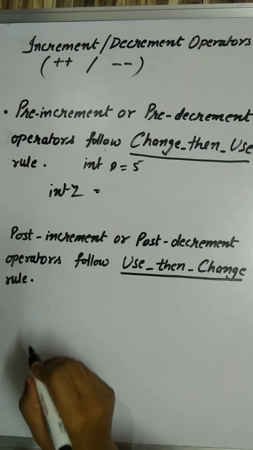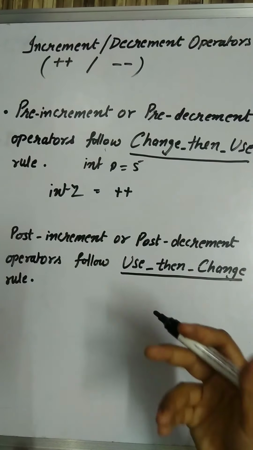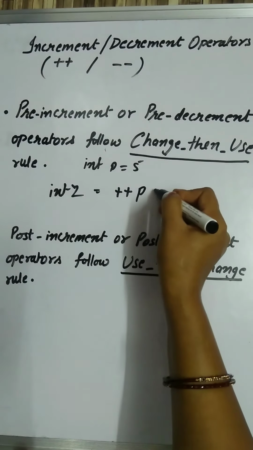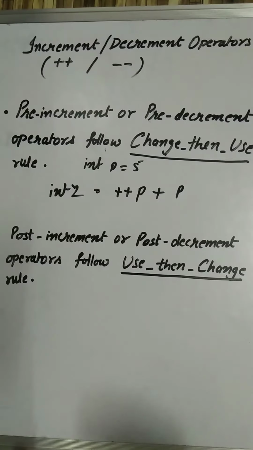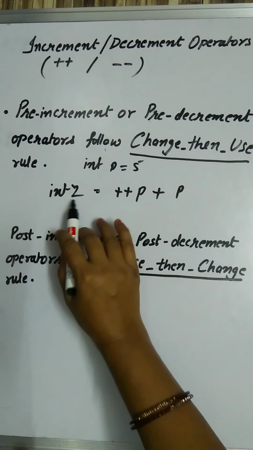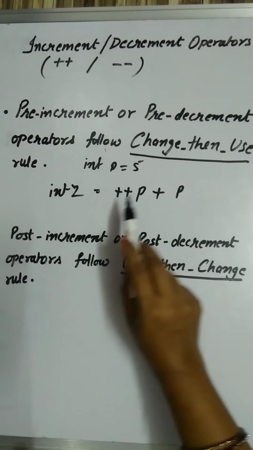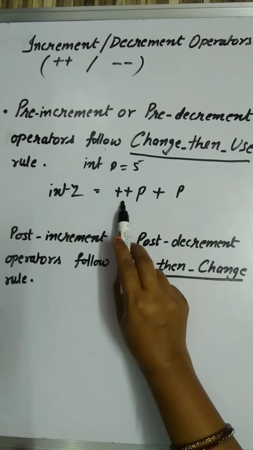Int z is equal to pre-increment, which means first of all we write the increment operator, then the variable, that is ++p plus p. So what will be the result of z? Pre-increment: change then use. Plus plus means add 1 to its operand.